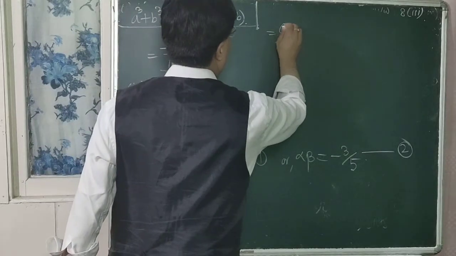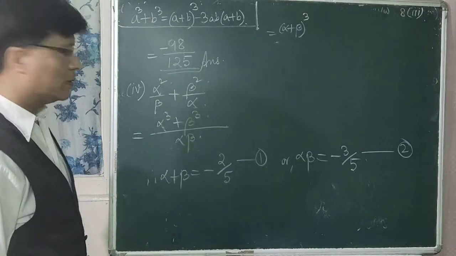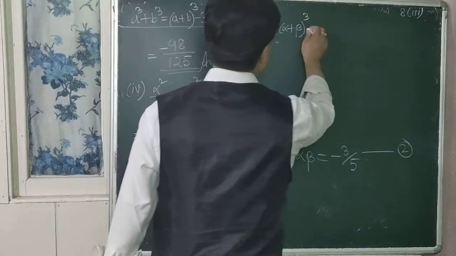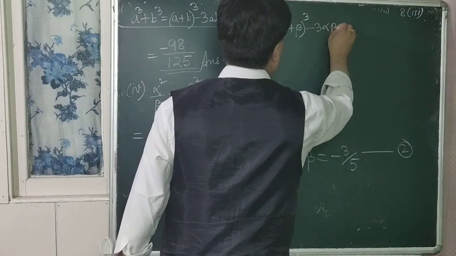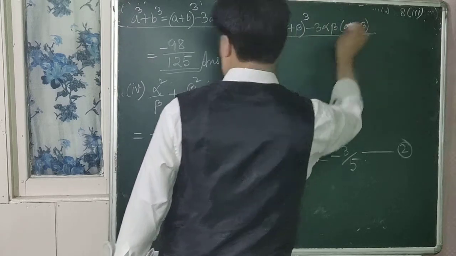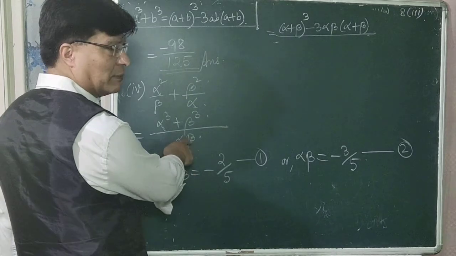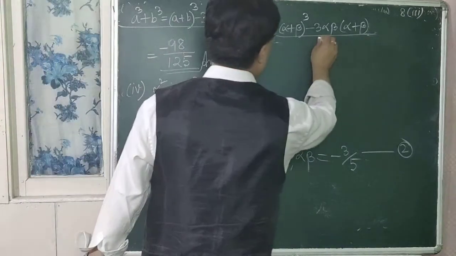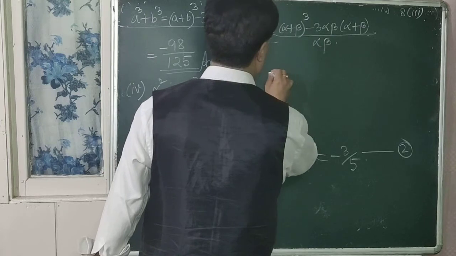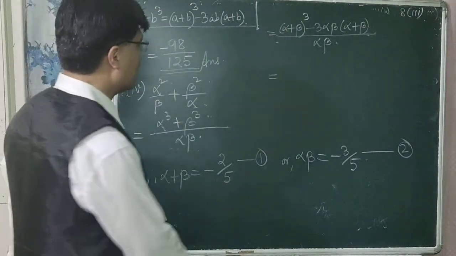Which is equal to alpha plus beta whole cube. Then what is the formula? Minus 3 alpha beta into alpha plus beta whole divided by alpha beta. You have to keep it as it is, right? It remains same, alpha beta. Now use the value. What is alpha plus beta?